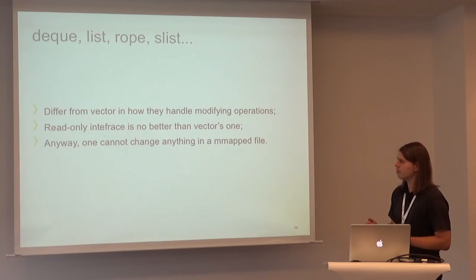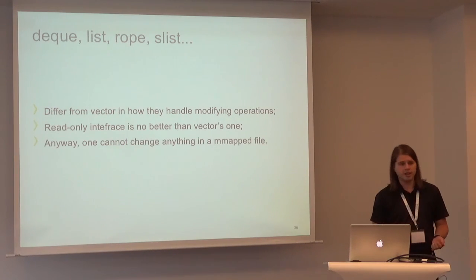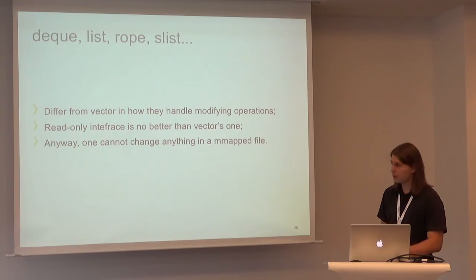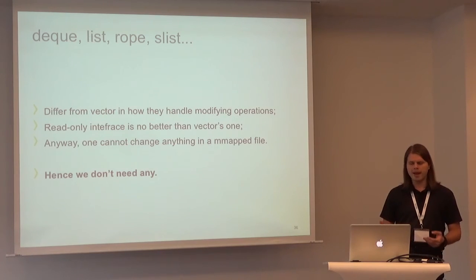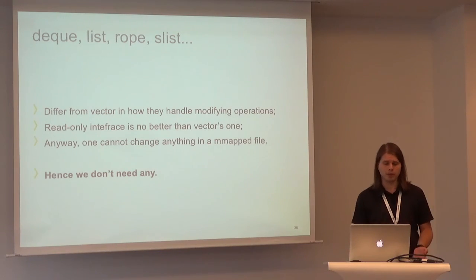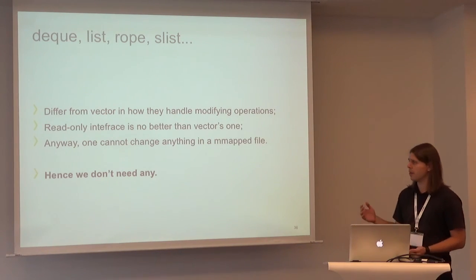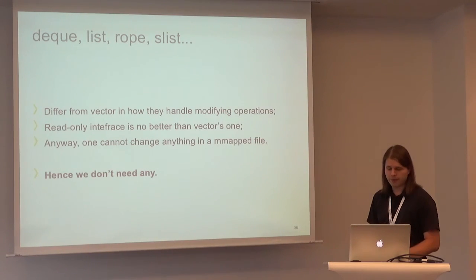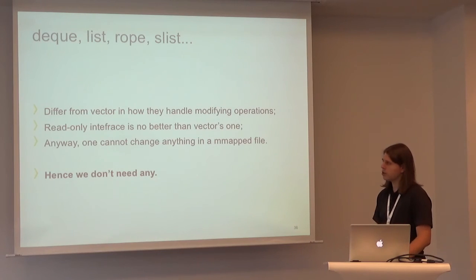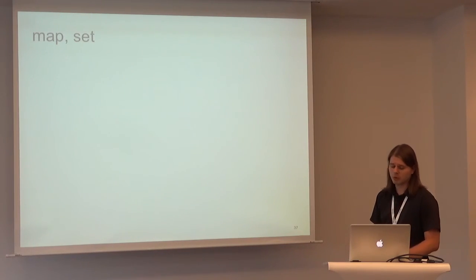And we simply cannot change anything in our memory mapped file we're referencing in a read-only manner. So we don't need any of the other sequential containers. We might need those to populate things, but their memory mapped counterparts are essentially aliases to the one the vector provides. So this is basically it with the sequential containers.